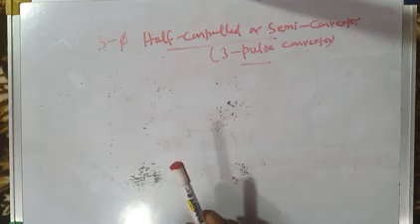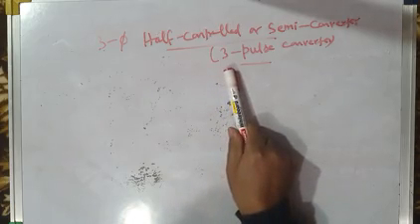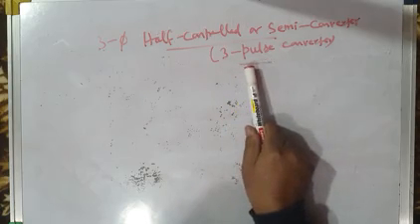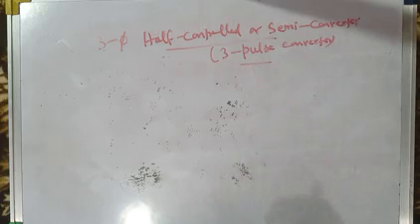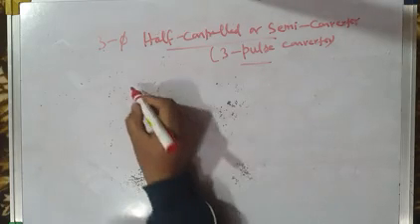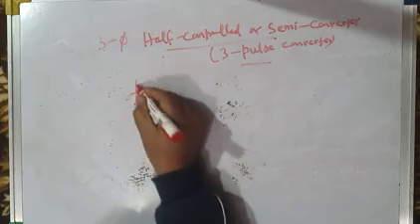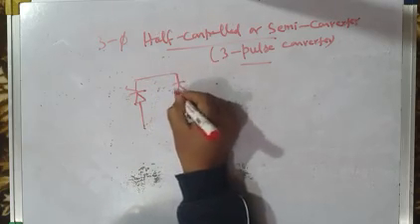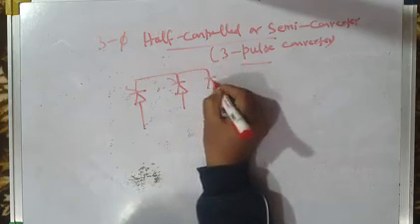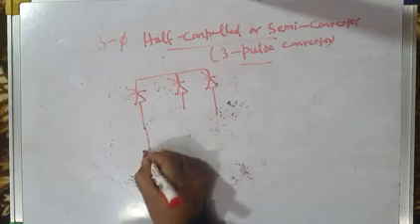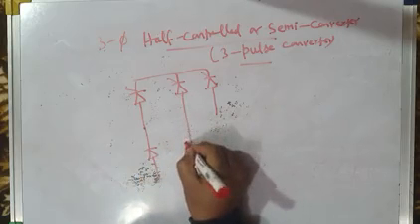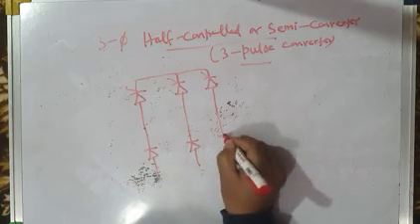That is a 6-pulse converter. But the three-phase half-controlled converter or three-phase semi-converter is a 3-pulse converter. It is like this. We have 3 thyristors in the upper group, the positive group of devices, and the negative or lower group of devices are not thyristors, they are power diodes.